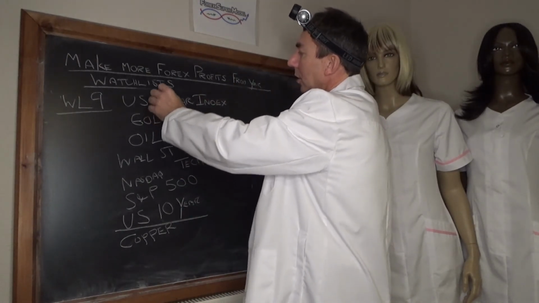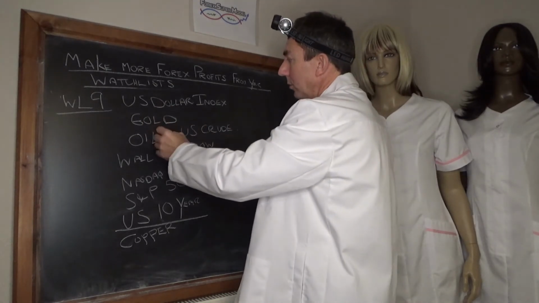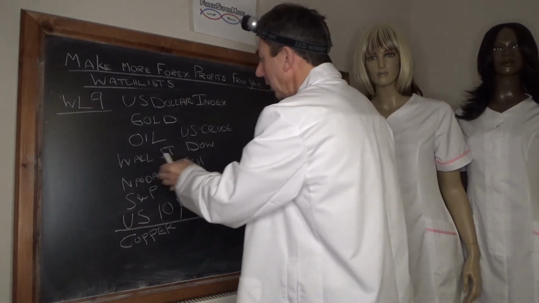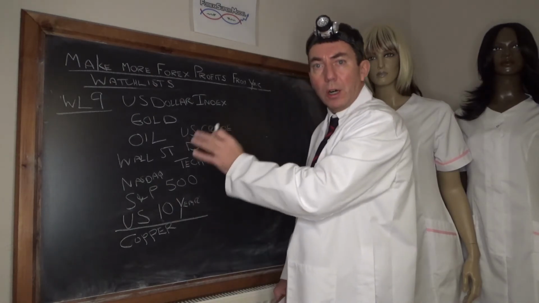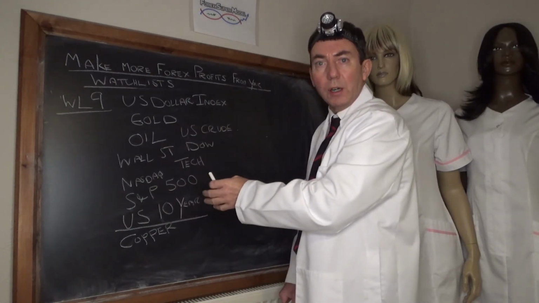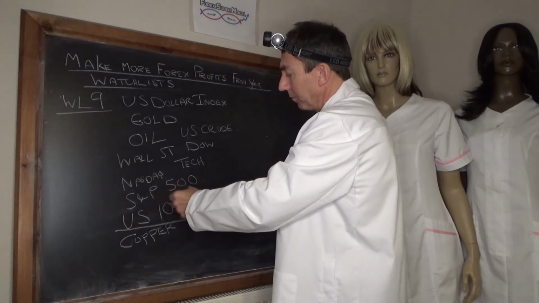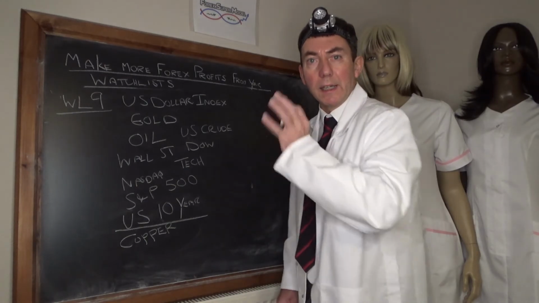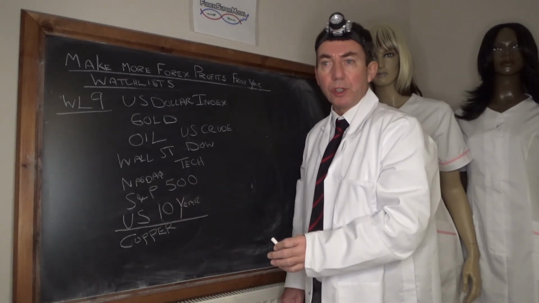So if the dollar is going up, gold quite often doesn't like it, and sometimes oil doesn't like it either, depending on the transmission. Then you've got the equities, which are very sensitive to risk on, risk off, and likewise the bond market, which is more problematic but worth a look, and copper will complete the overall picture.